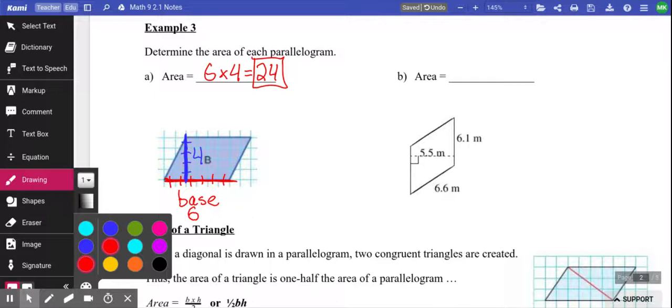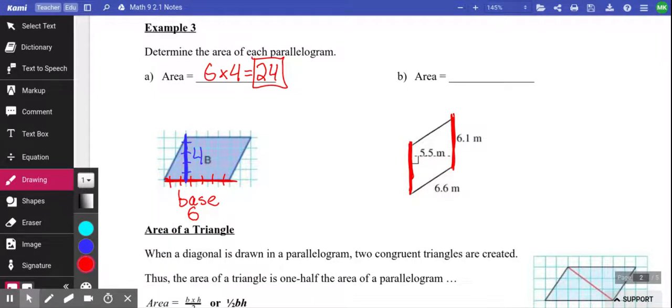If you look at B, the parallelogram actually turns. So the base isn't the bottom, right? The base is actually over here on the side. Like that's my base. My other base is this one right here. That's like my flat edge.